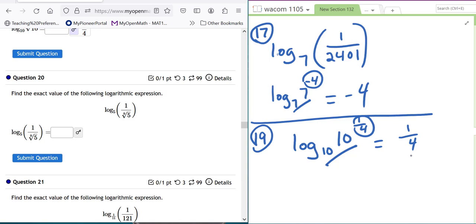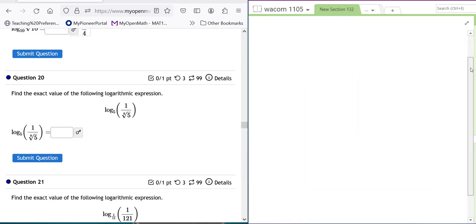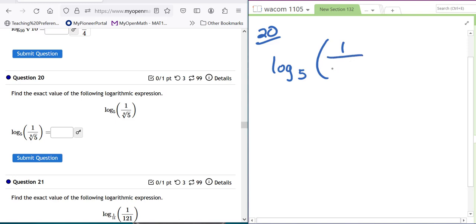Okay. This one you want to rewrite this piece. So 20. We have log base 5 of 1/9. All right, so you got a couple of issues going on here. You've got a radical and it's in a denominator. So 2 things to work on there. So we'll rewrite it. All right, so 5 is going to be our base. It is going to be to the 1/9, but it's in the denominator.